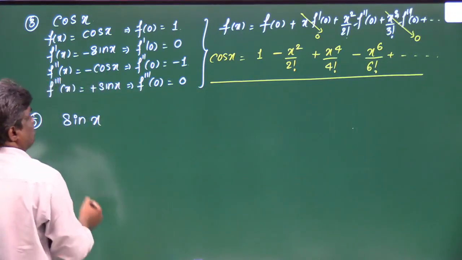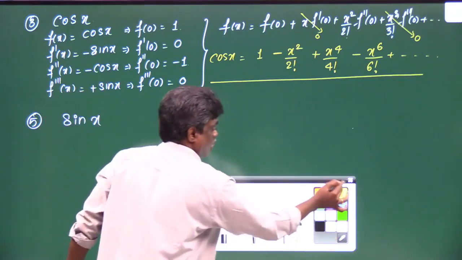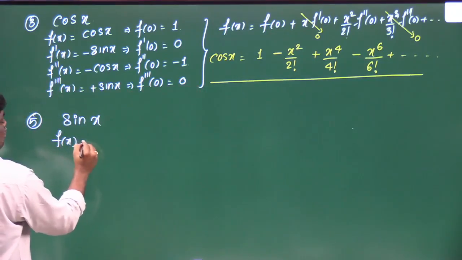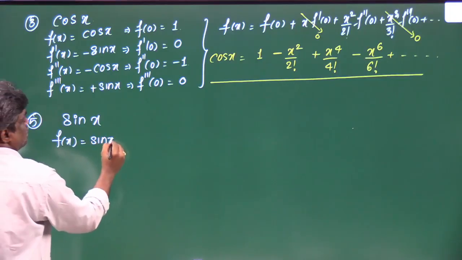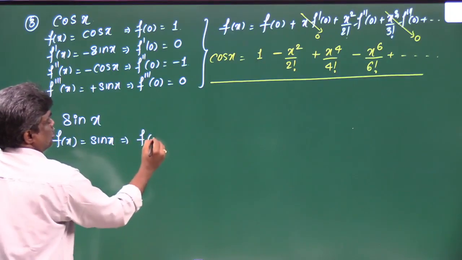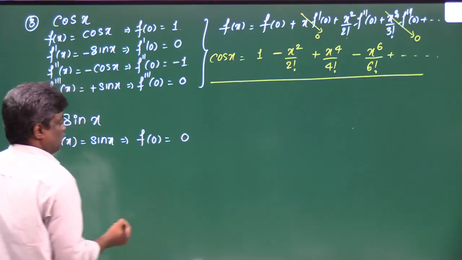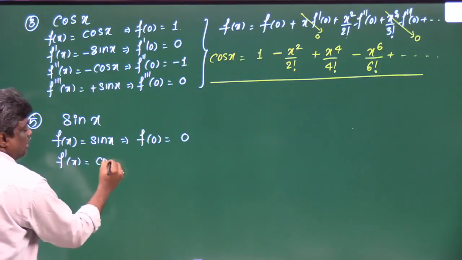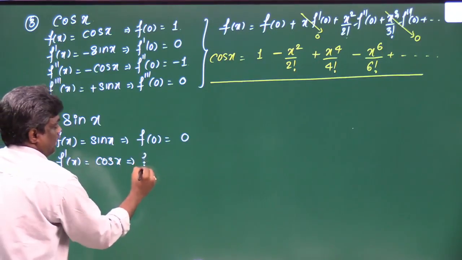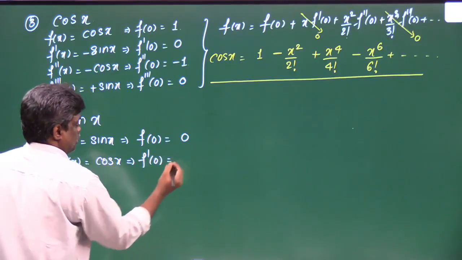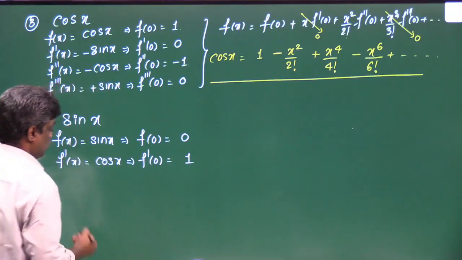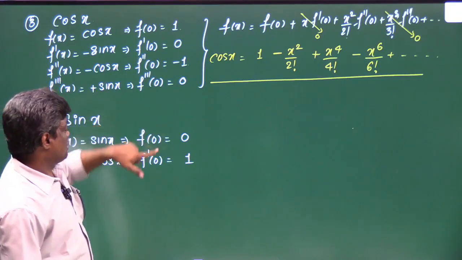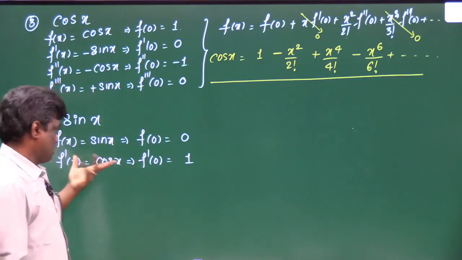Next, try sin x yourself. Here we are taking f of x is equal to sin x, and substitute: f of 0 is 0. And the first derivative, you can do along with me, is cos x, and if you substitute, that is 1. Here the odd derivatives are not equal to 0, whereas in cos x the odd derivatives were 0.